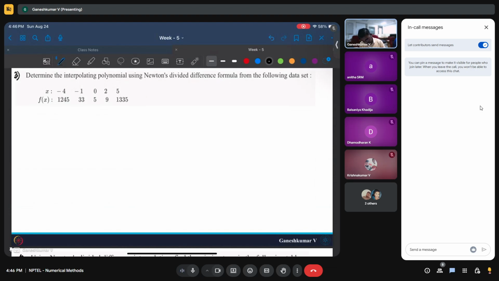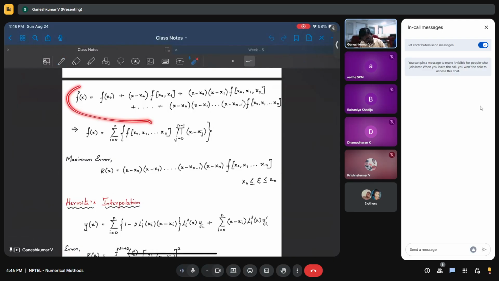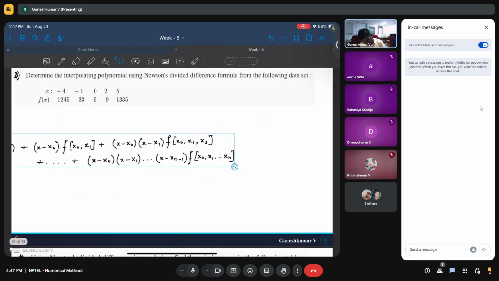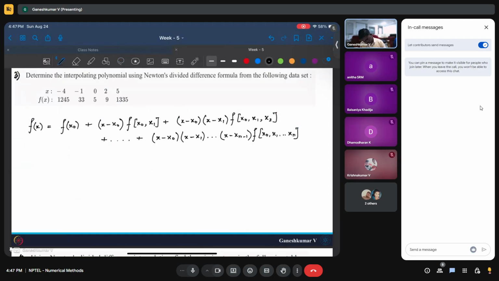So here we are going to use Newton's divided difference formula. And what is that? So this is your divided difference formula. I'm just going to copy this to save time. Okay, it's very small. So this is your Newton's divided difference formula.